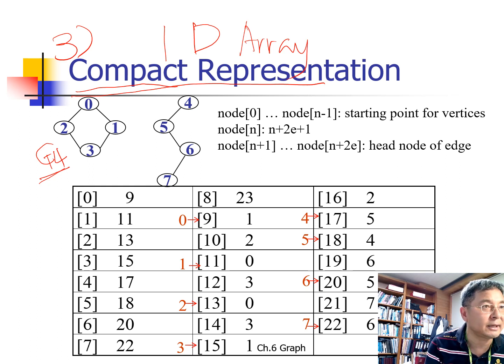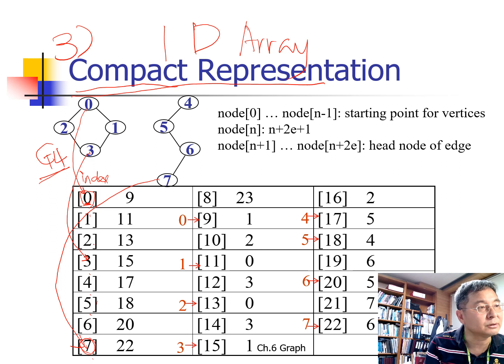In this array, this is the index of the array: index 0, 1, 2, 3, 4, 5, 6, 7. This 7 equals the number of vertices here. And this 0 means vertex number 0, and 3 means vertex 3.